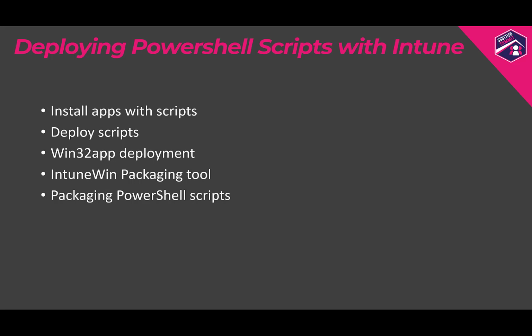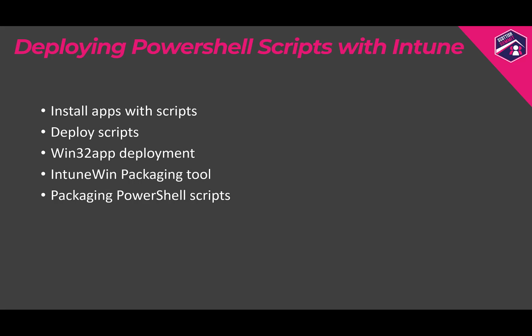So to get more value out of this about installing applications with scripts, you would be able to package them. And Endpoint Manager actually has some native Win32 app deployment possibilities from the cloud. And to be able to do this, we got the Intune Win packaging tool that we're going to be leveraging today, but you would also be able to, for instance, package this to an MSIX.